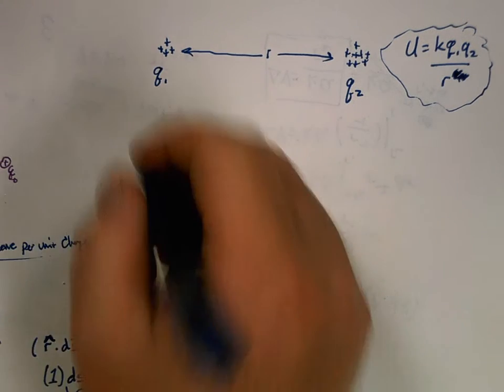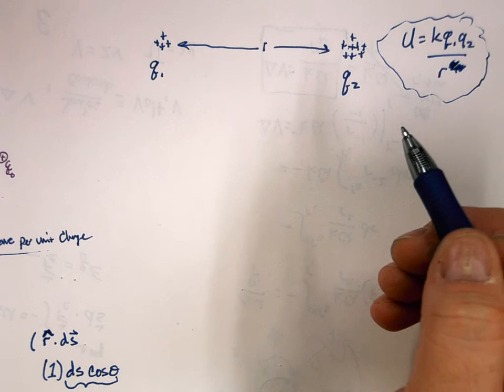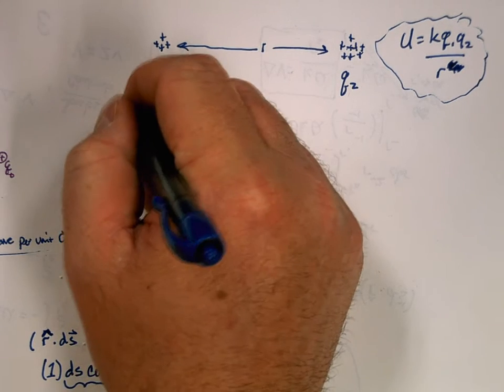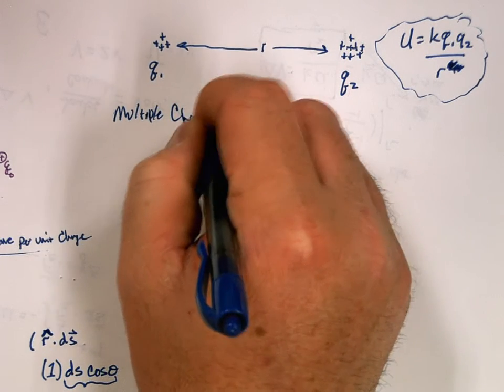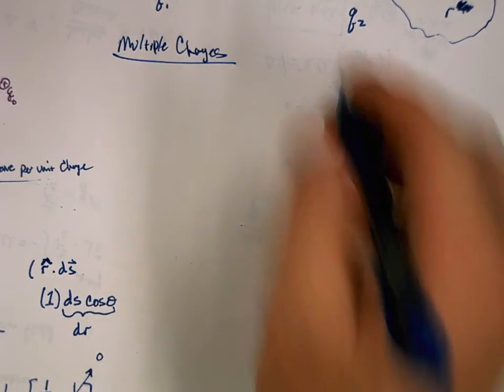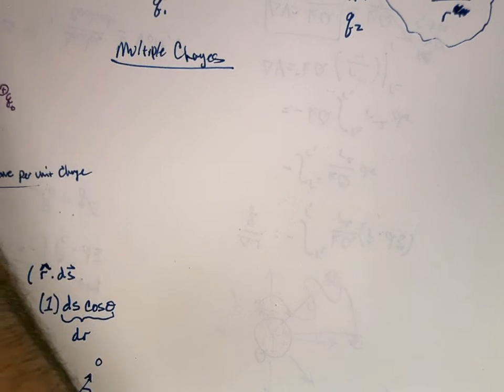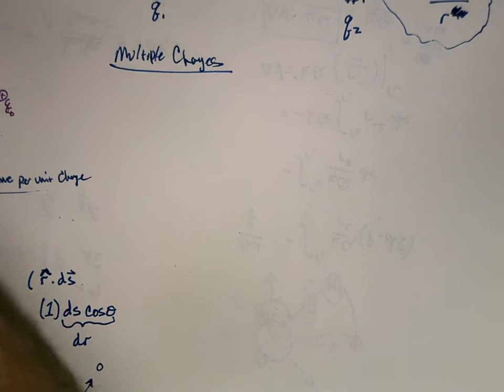Okay, so now we're going to deal with multiple charges. What if this happens with multiple charges? If this is multiple charges, so we've got a Q1. Let me find the pen that I want here. There you are.